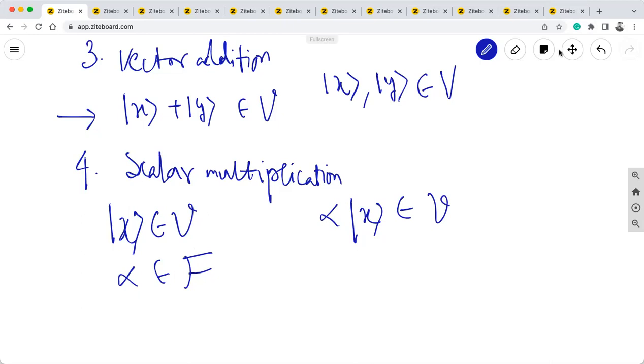In addition to these properties, there is a formal definition of the vector space.